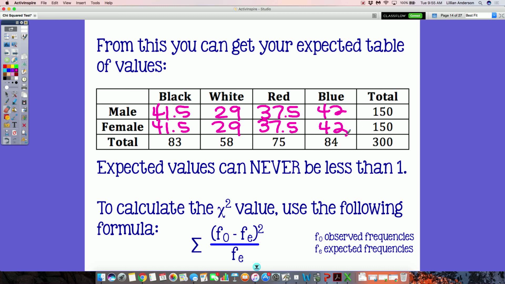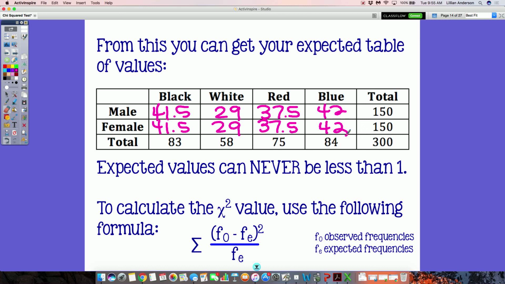Let's say our raw data, the number of guys who like blue shirts, was really only 2 instead of the number that it was. That can cause one of your values to end up being less than 1. In those cases, you would need to condense the blue column with the red column, and then it'll just be guys who like red or blue shirts. Oh okay, so when you don't have enough data, you have to merge it with another one.